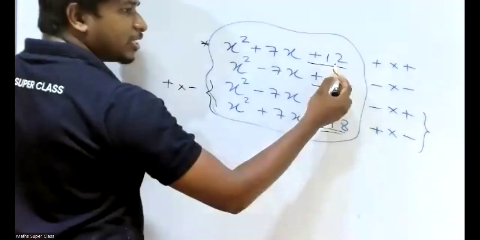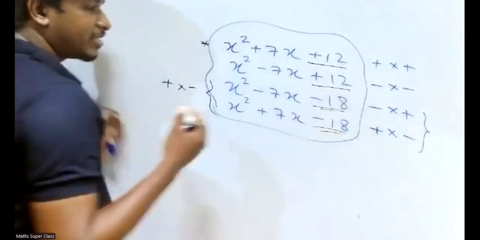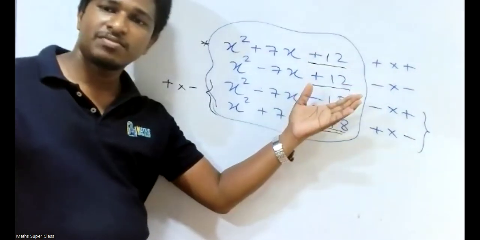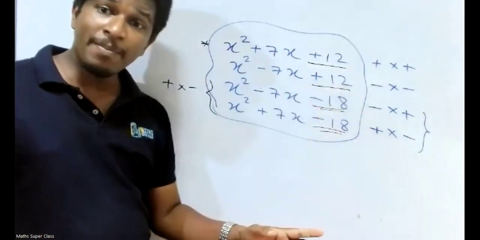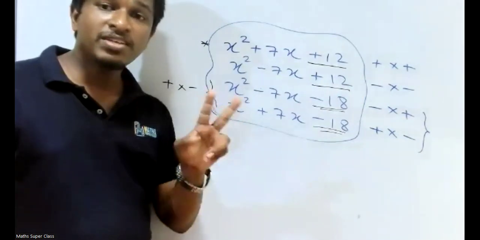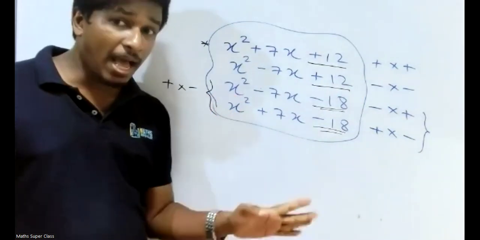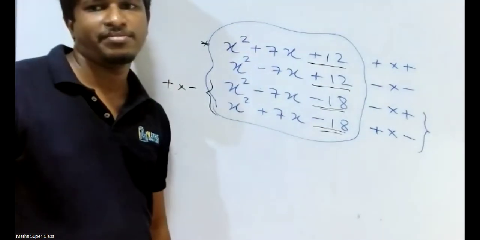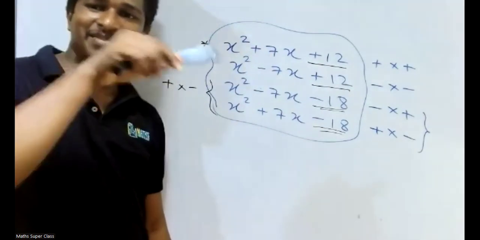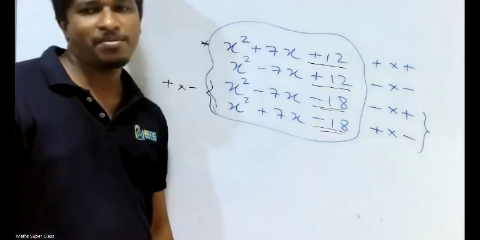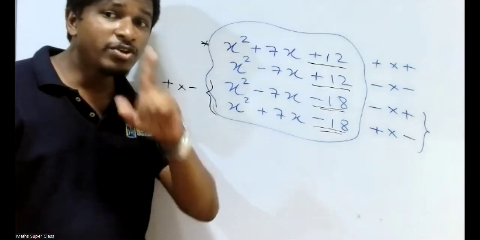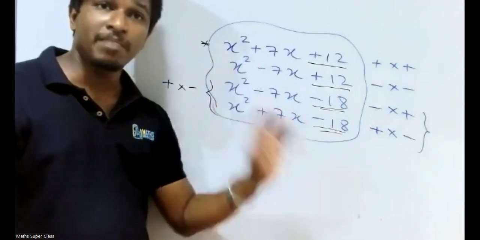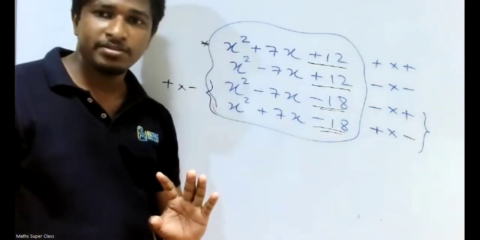If this third part is plus, what is the meaning? Maybe both of these two factors are plus or maybe minus. The main thing is to identify whether both are plus, both are minus, or plus and minus.